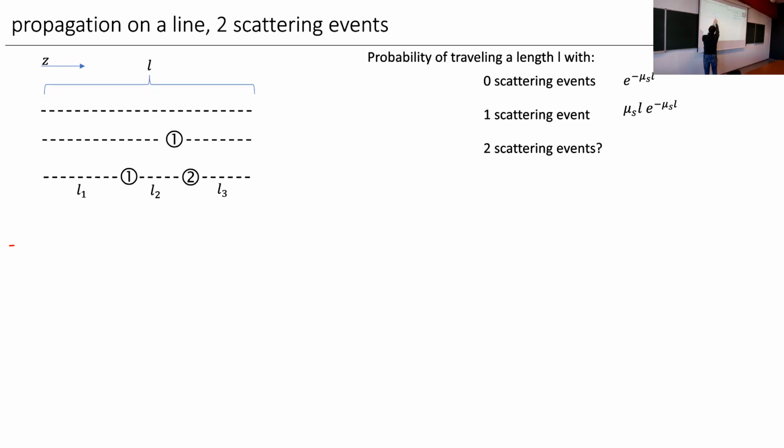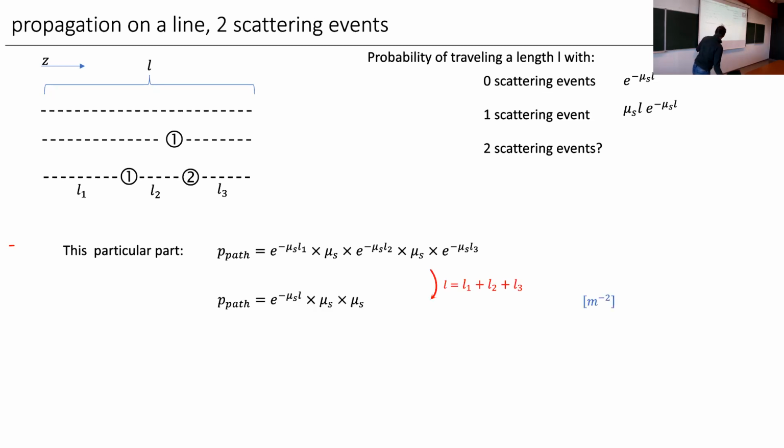Then again for this particular path, leaving out the dx for a moment, we get this sequence of multiplications. Again we can group the exponentials together, and it becomes µs squared times the exponential of minus µs L.